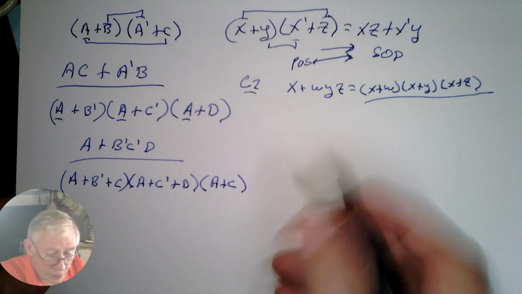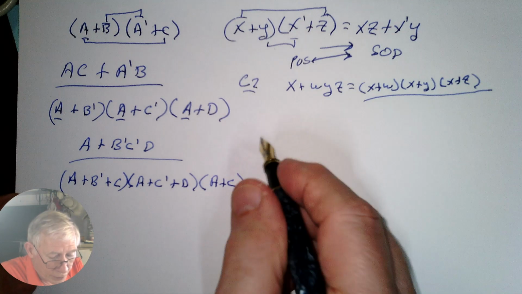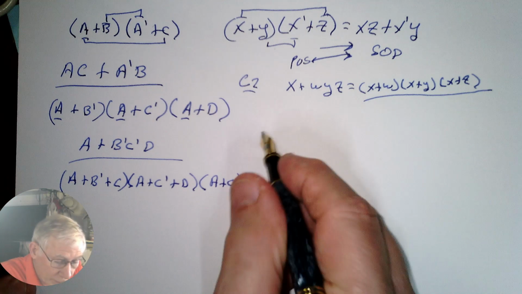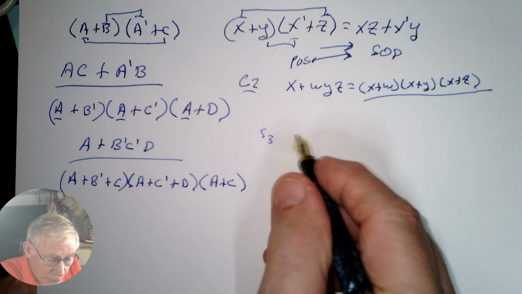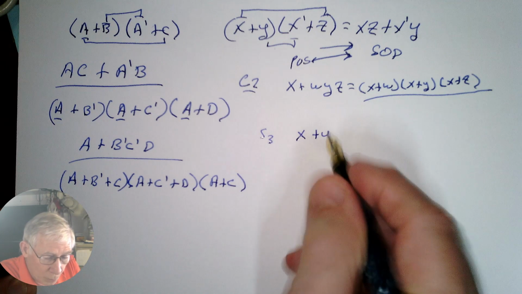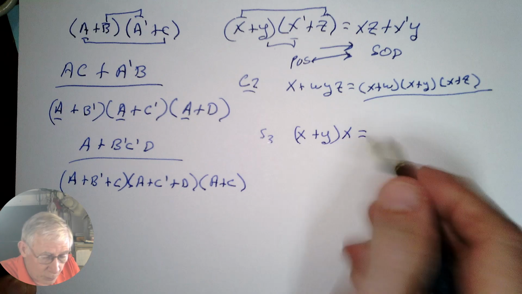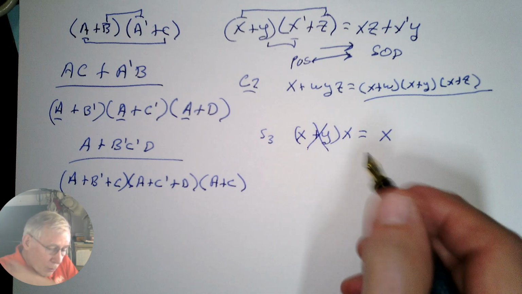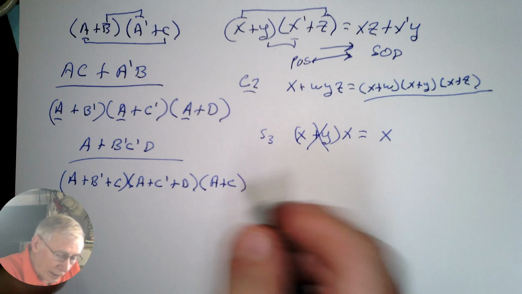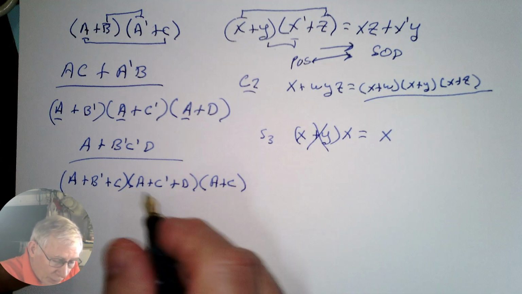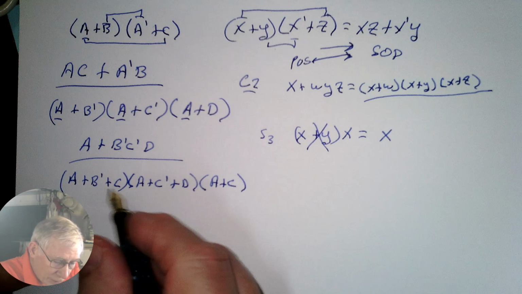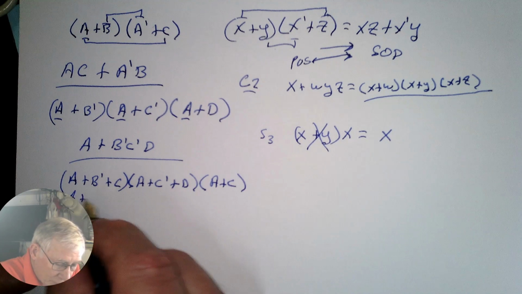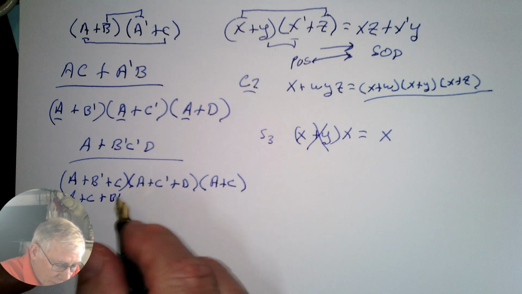Now, the first thing we should think about is using our simplification theorem, and I believe it's S3, which is (X plus Y) times X equals X. So we can just drop that term. In this case, we can let A plus C be X, and here we have A plus C plus B prime, which we can rewrite as A plus C plus B prime.